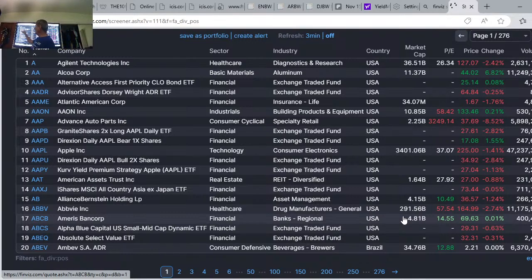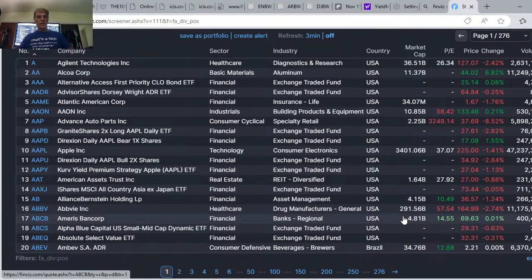Allegiant, Alcoa, Alternative Access, First Priority CLO Bond ETF, Advisor Shares Dorsey, blah, blah, blah, Atlantic, Aon, Advanced Auto Parts, Granite Shares, and so on. That will give you every single stock from 1 to 5,501. That's all of them. Right there, listed off.